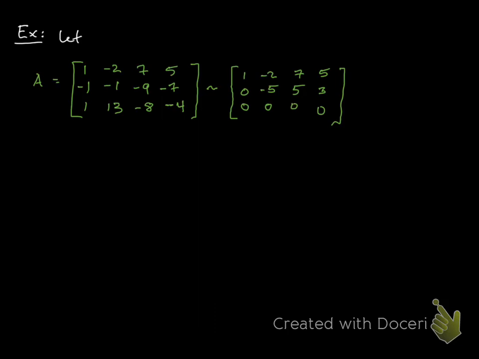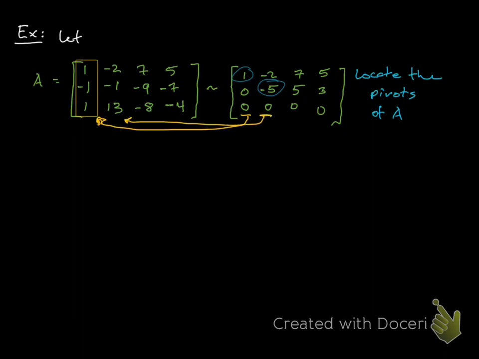I want to look at the row space and the column space of this matrix. And the first thing you want to do is identify the pivots. Locate the pivots, specifically of B, I guess the second matrix, but we can say of A. Now, the corresponding columns in A to those pivot columns right there, those will make up a basis for the column space. Okay?